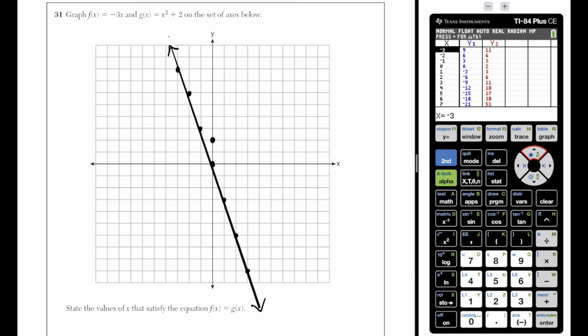And I notice here at negative 1 and 1, I have 3 and 3. So here, this is a point where I'm noticing that I have a point of intersection right here. So at negative 1, 3. And then I keep moving to the next one up, and I have a negative 2, 6. Up, and I see again my y values are the same.